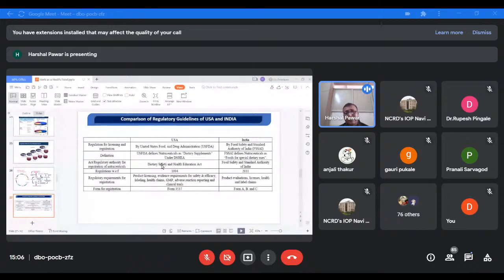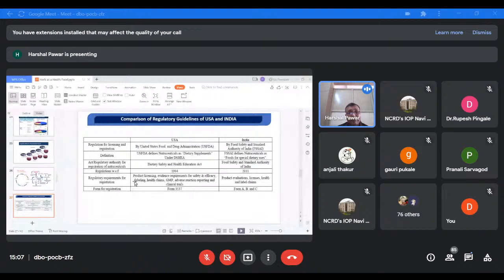This regulation has been effective in the United States since 1994. In 2011, we started implementing the guidelines proposed by the Food Safety and Standards Authority of India in a full-fledged manner, right? Still, the guidelines which we are following are not well established and are not up to the mark.